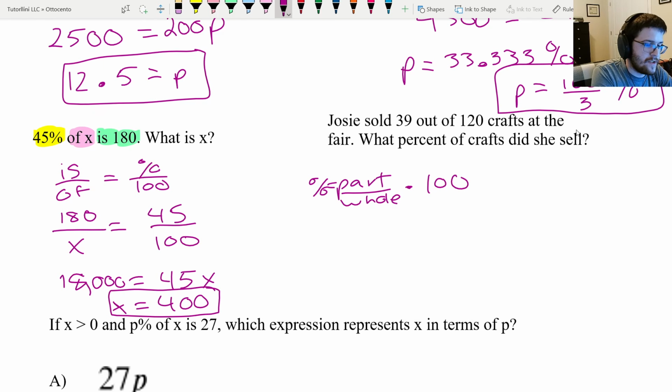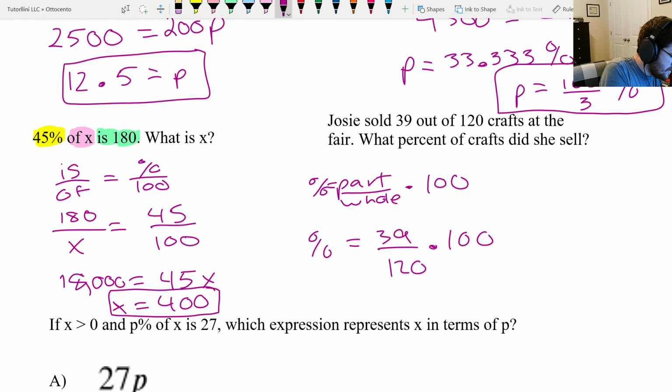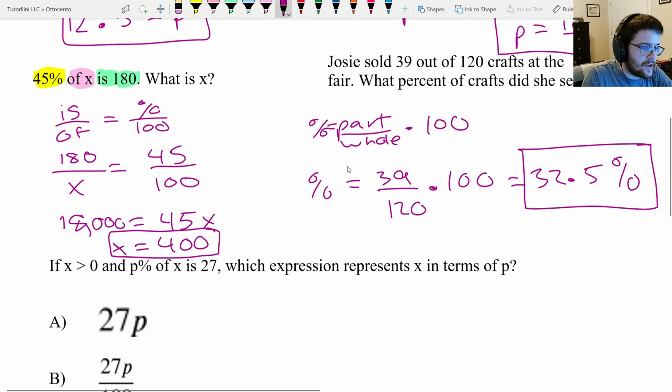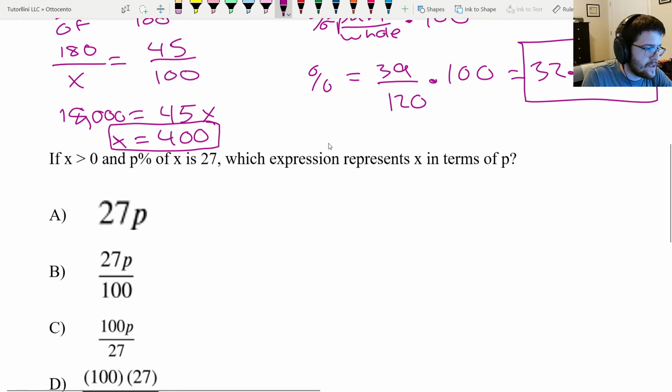So we're going to do 39 out of a total of 120 times 100. And let's see what that gives us. We get 32.5%, something like that. I'm not doing any of this in my head, using the calculator, just making sure that I understand the steps of what I'm doing for when I get really tricky problems.